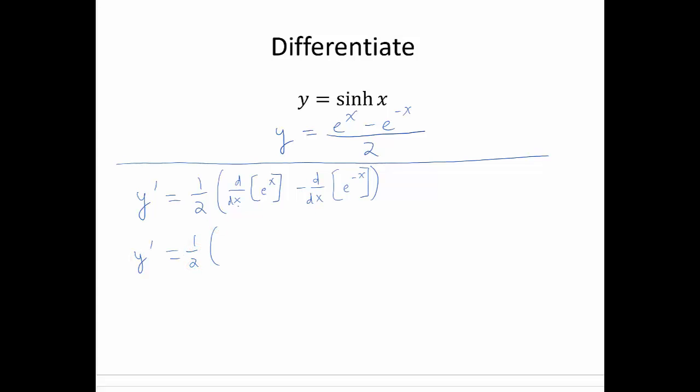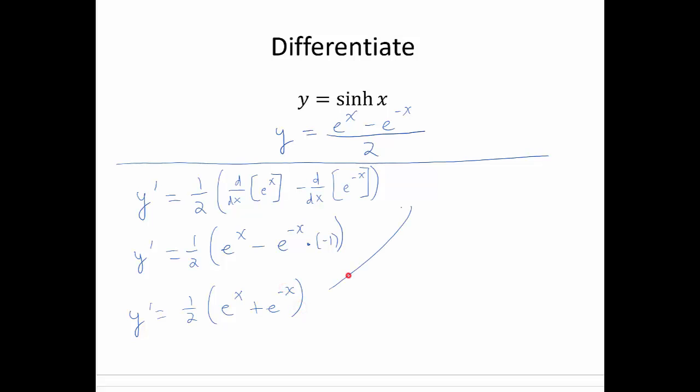The derivative with respect to x of e to the x is e to the x, minus the derivative with respect to x of e to the negative x, which would be e to the negative x times, by the chain rule, a negative 1. And so then y prime would be 1/2 of e to the x plus e to the negative x.